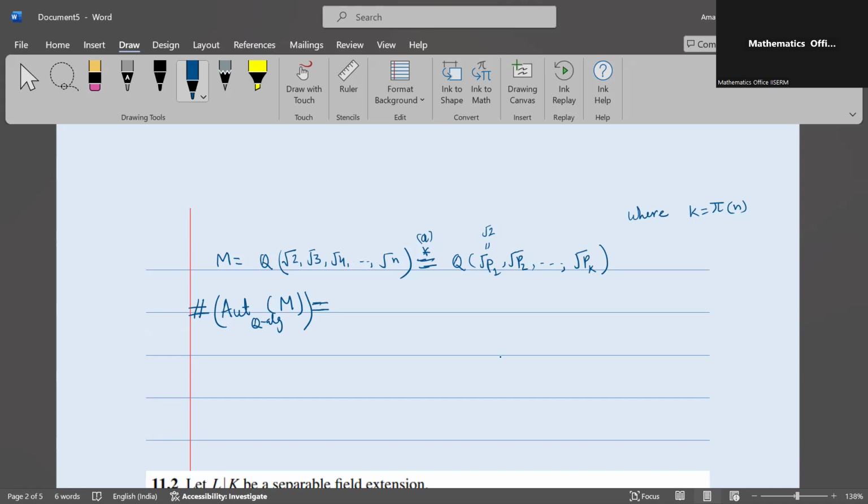I'm just saying it is 2 power k, and this is also 2 power π(n) only, and this is nothing but the degree of the extension also, right?